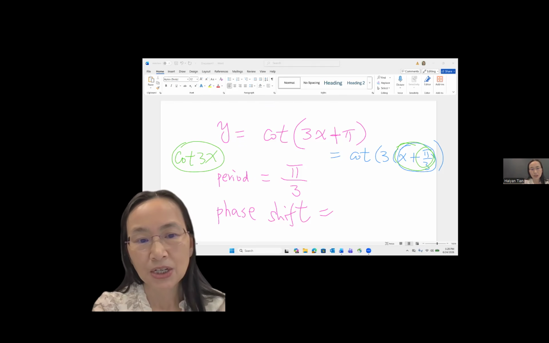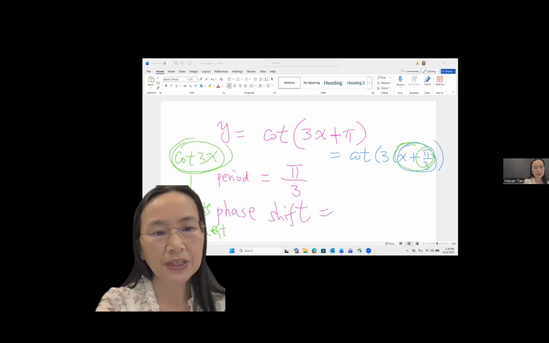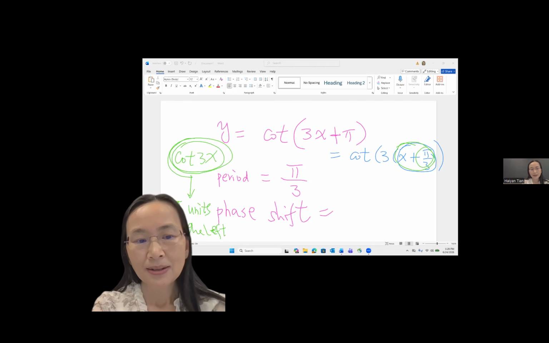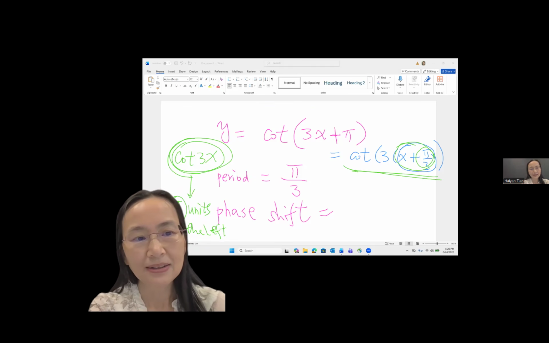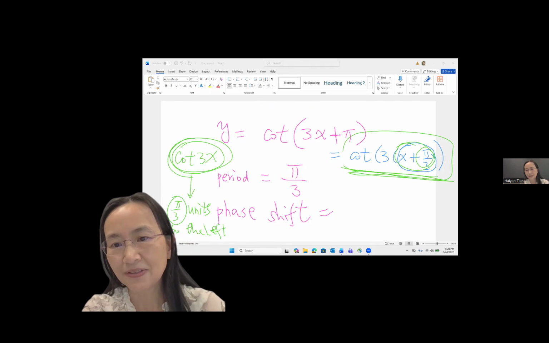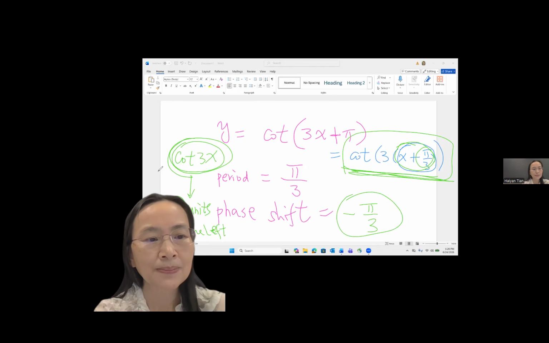So this curve, if we do a shift of pi over 3 units to the left, so you shift this one, cotangent 3x, this many units to the left, then you will get the desired curve. Yeah, so the phase shift is actually negative pi over 3. Yeah, it's a negative pi over 3.